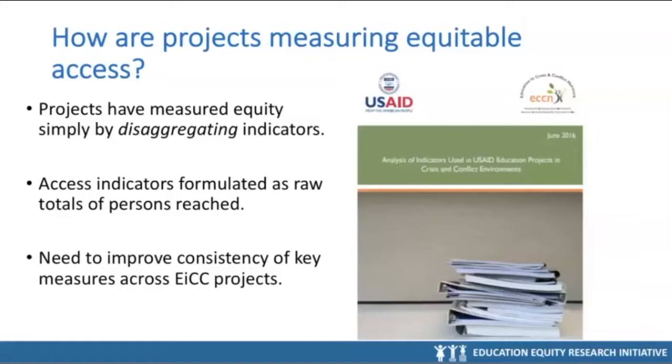So simply the number of learners that were reached by the project or that were enrolled in schools that were touched by the project. That's problematic because to truly measure changes in access and therefore changes in equity in terms of different subgroups of the population, you need reference to the actual population figures to know what percentage of that population or subpopulation is getting access to education. And finally, the review highlighted a great need to improve the consistency of measures, both conceptually and methodologically, in terms of indicators across projects.